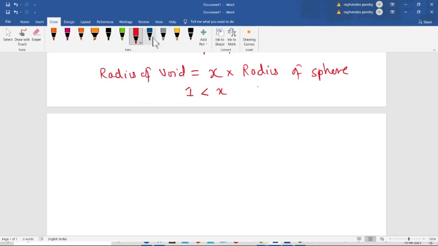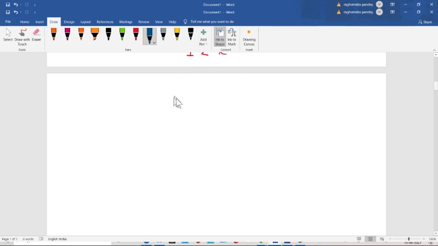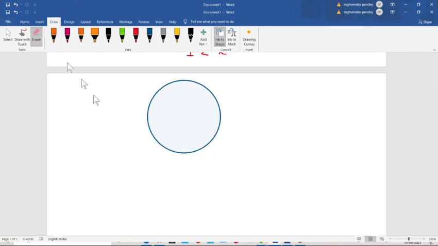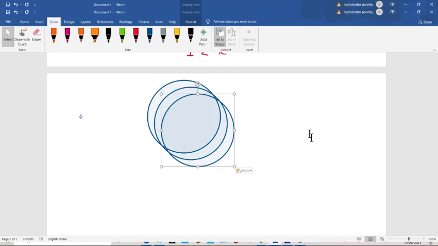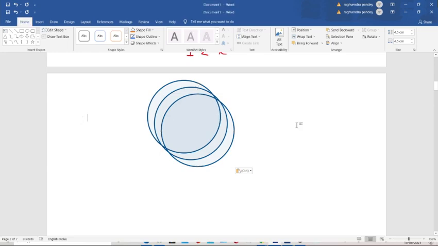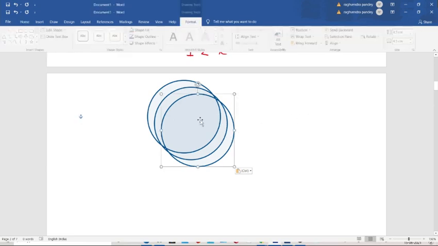Now suppose we make it larger, we need larger spheres.